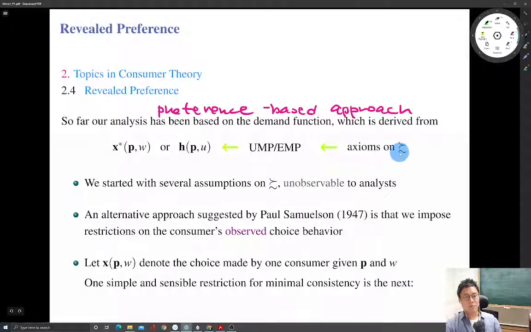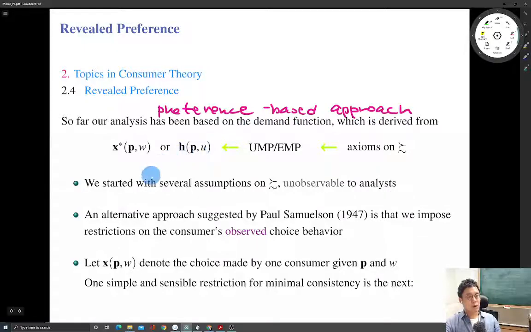Without preferences, we can't think of a UMP or EMP, because we can't think of the existence of a utility function. So we can't think of the Walrasian demand or Hicksian demand. Every component and every property of our prediction is dependent on the preference relations. This is why we call the previous analysis the preference-based approach.